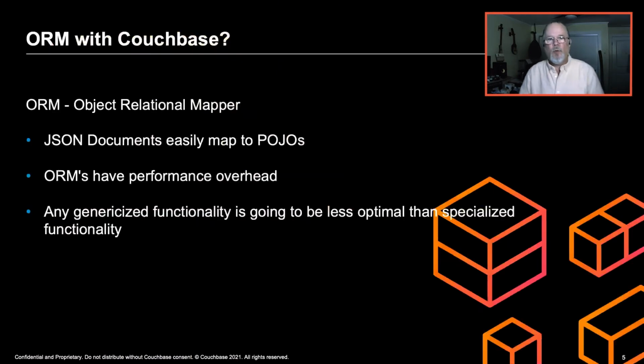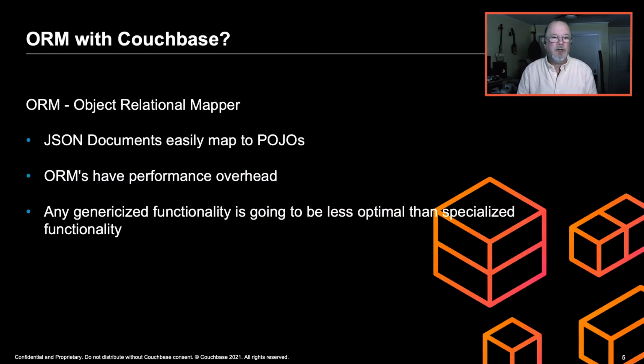So why Spring Data? Spring Data falls into a category of technologies called object relational mappers. This is a technology that came out of the relational world, for mapping normalized relational data to data objects that the developers are used to working with.